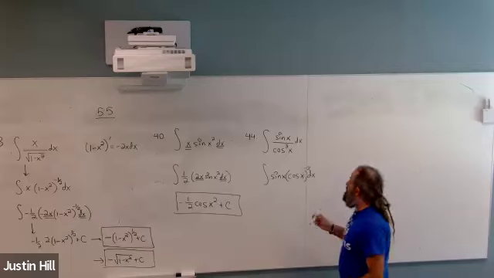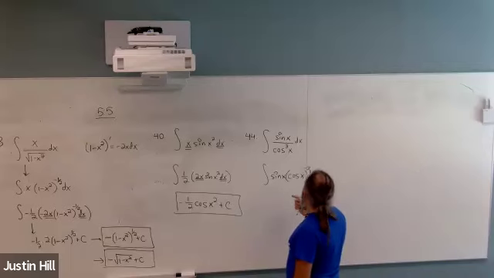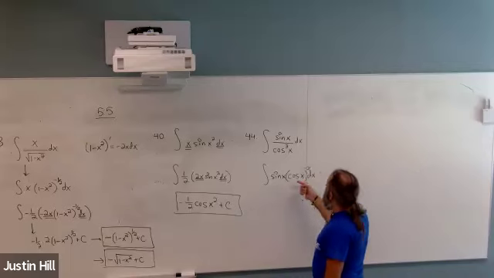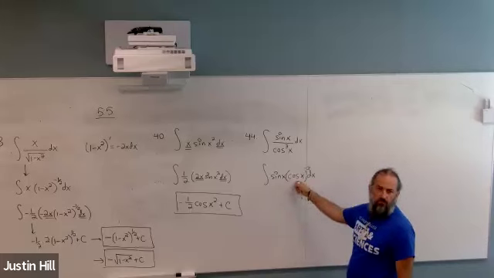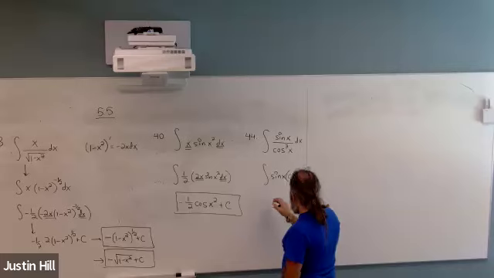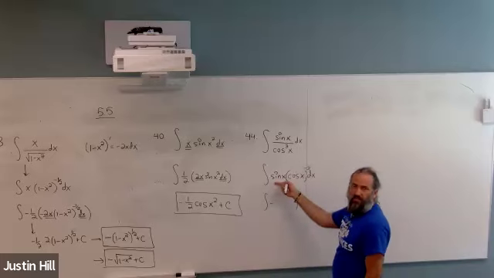Right, good stuff. So again, what we have inside is cosine. What's the derivative of cosine? The derivative of cosine is negative sine. So I almost have what I need, except I just need a negative there.